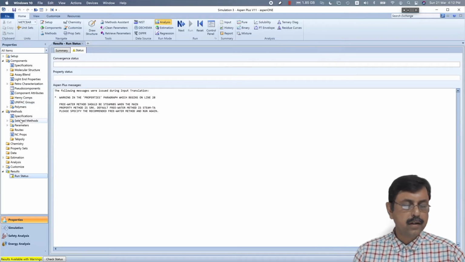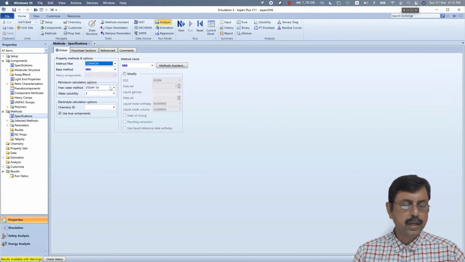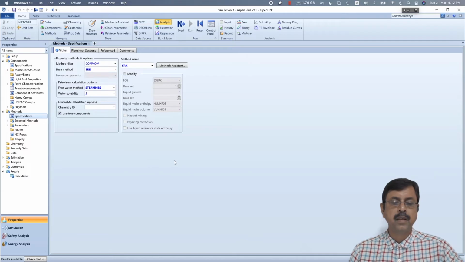So that's a common mistake people make. So we have to check it with steam NBS, and run. Yeah, now the run status is okay.